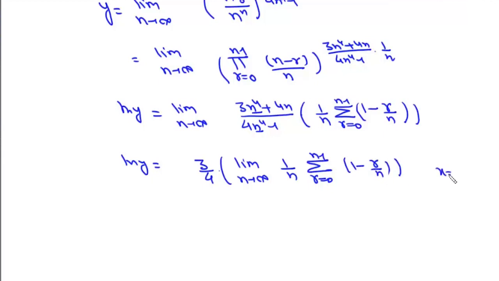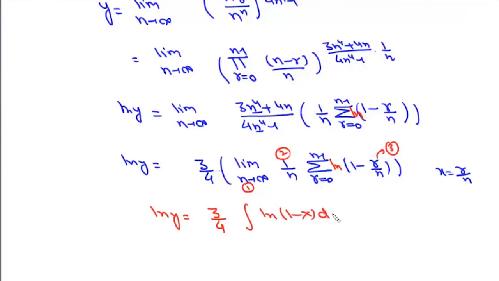Now here we'll take x as r by n, and this is nothing but the limit of a sum. So log y equals 3 by 4, and we'll change it in integral form. Here it will be log (1 minus x) dx, with limits from 0 to 1, which is also the same as 3 by 4 integral 0 to 1 of log x dx.